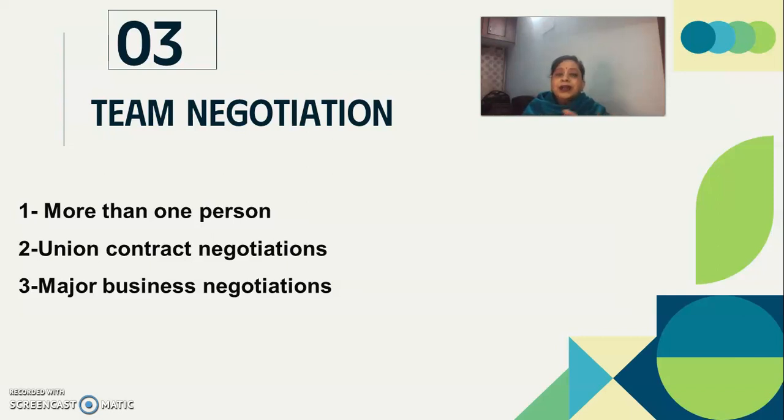So union contract negotiations could be like that, the union leaders would be there and the industry people would be there on the other side. And major business negotiations generally take place with teams, who are better able to produce and put forward the plans and reach a solution.